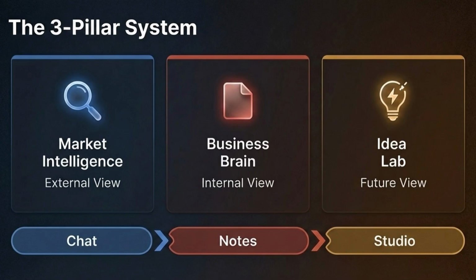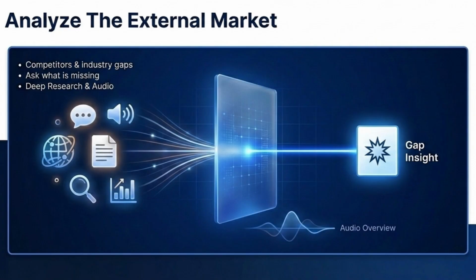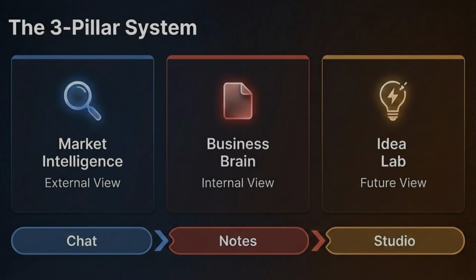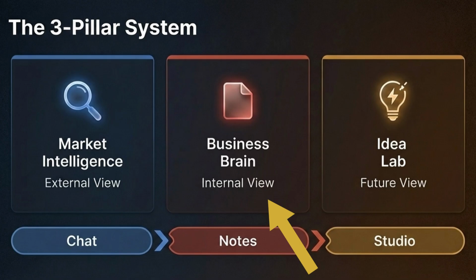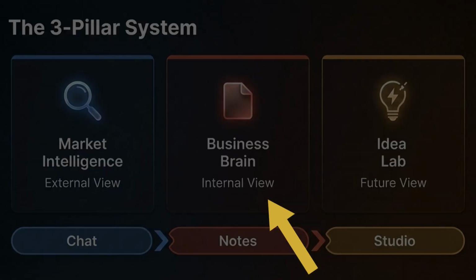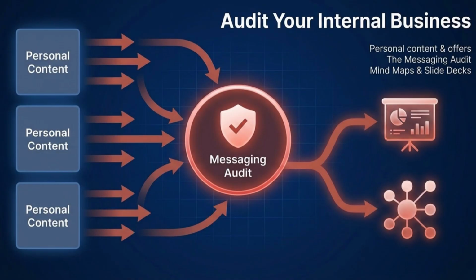Here's what we're building together today. Pillar 1. Market intelligence. Your external view. What your market looks like, what competitors are doing, and the gaps nobody is addressing yet. Pillar 2. Business brain. This is your internal view.